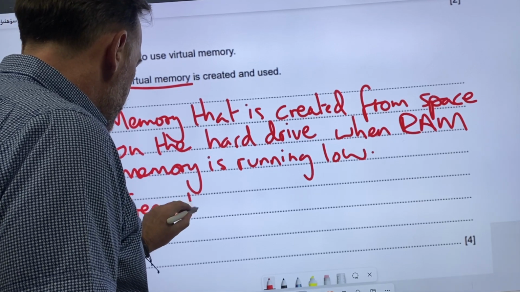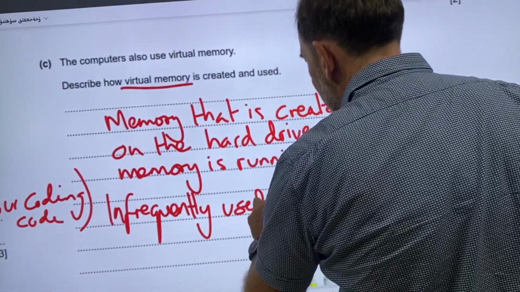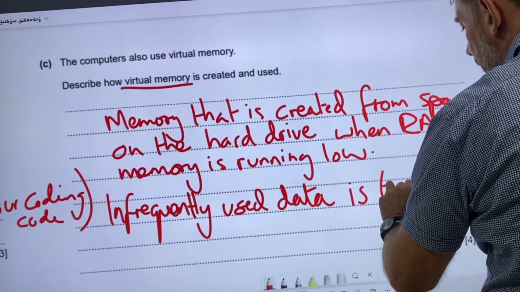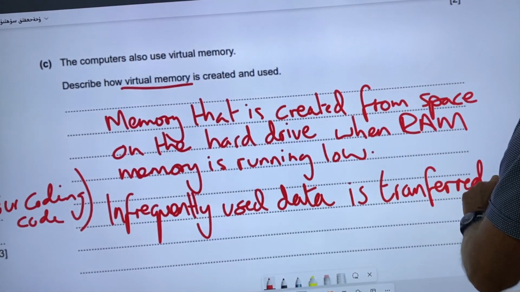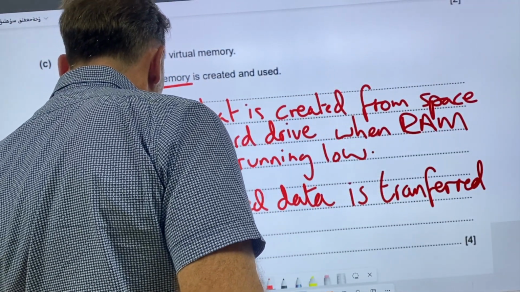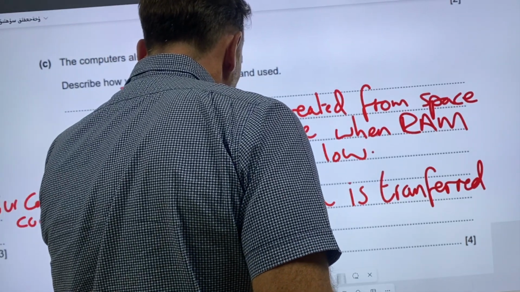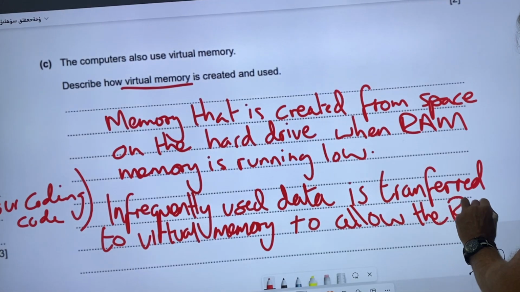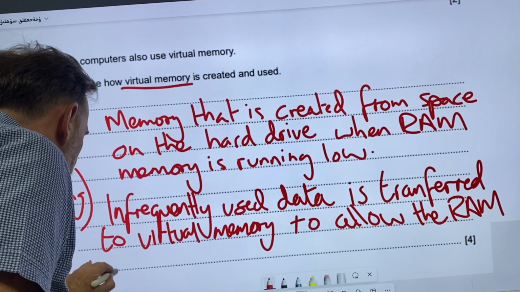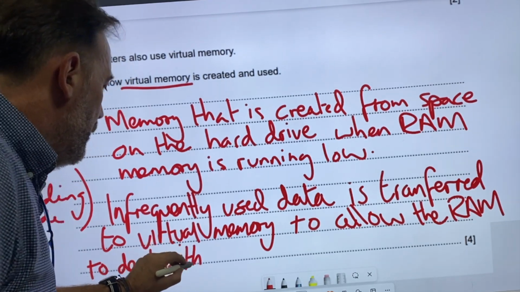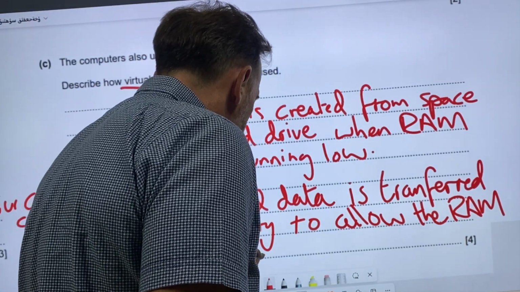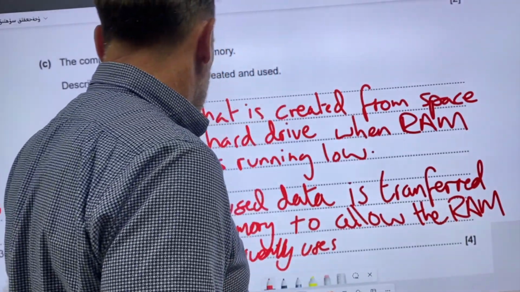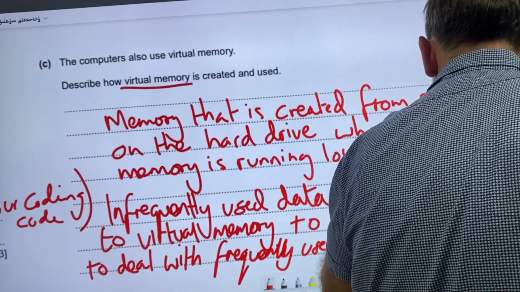Infrequently used data is transferred to virtual memory to allow the RAM to deal with frequently used processors.